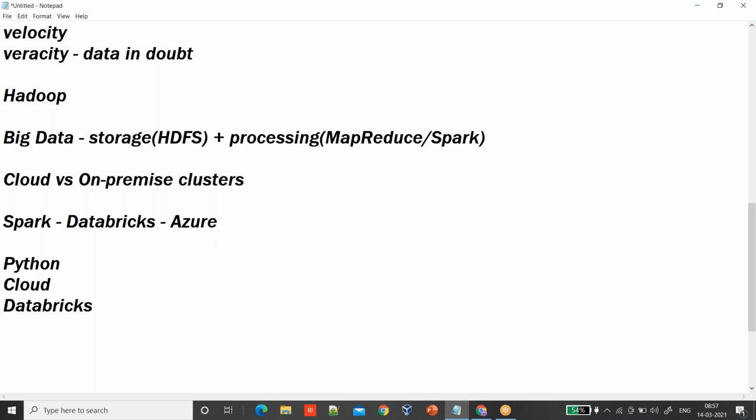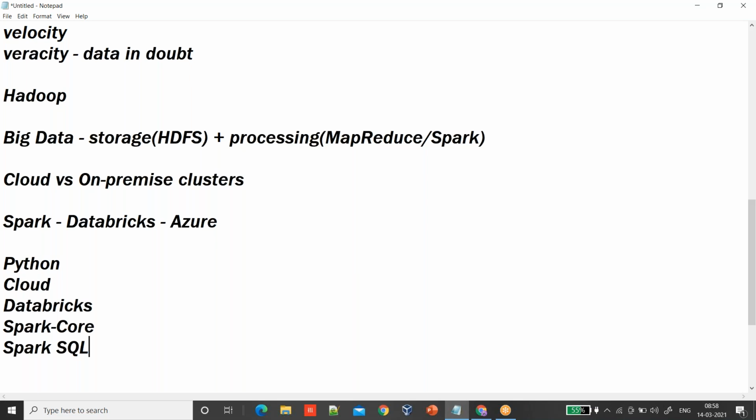Then you will be learning Spark Core. Okay, nobody is calling it Spark Core now. If you go to the Spark documentation, it's called RDD programming concepts. And then Spark SQL. Here you will learn about DataFrames, different DataFrame operations, and optimization techniques for storage like partitioning and bucketing.